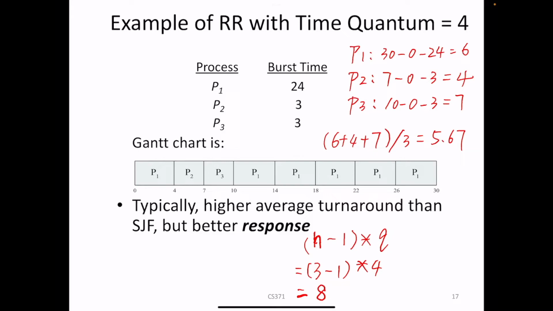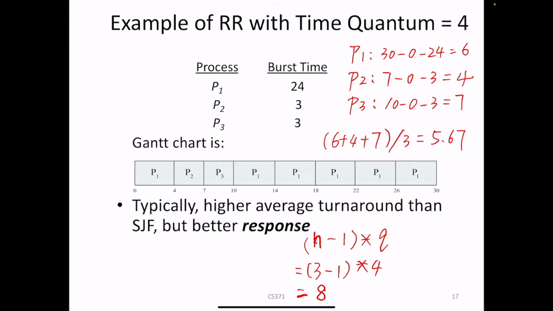Then let's calculate the average waiting time. Since the waiting time of each process is a little bit complicated, we are going to use the same trick as we used for the priority scheduling algorithm. We use the turnaround time minus the arrival time and the fixed execution time to calculate the waiting time of each process. The waiting time for P1 will be 30 - 0 - 24 = 6.